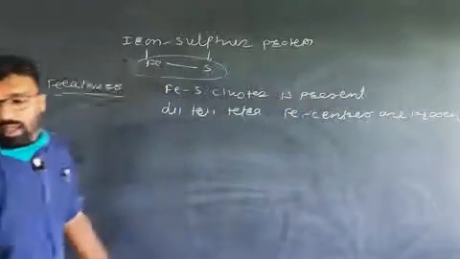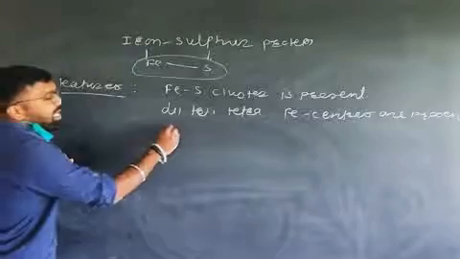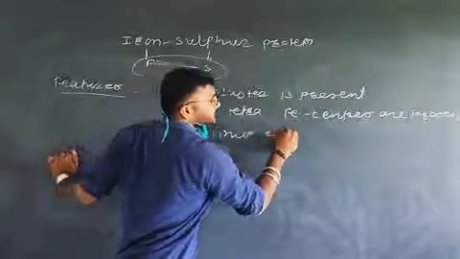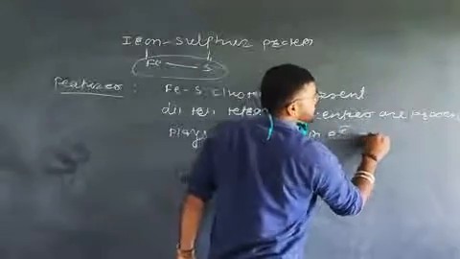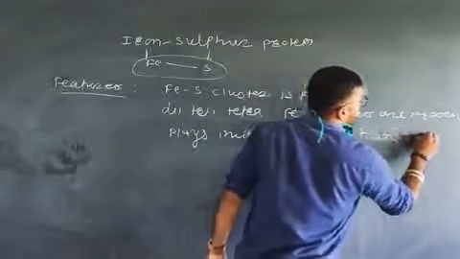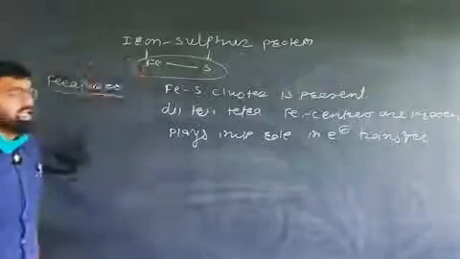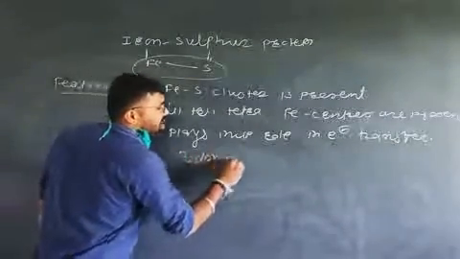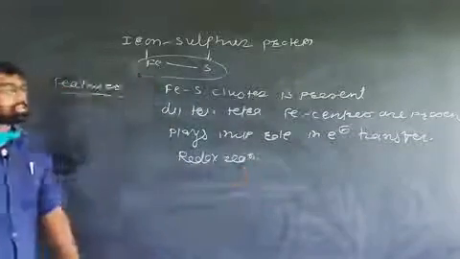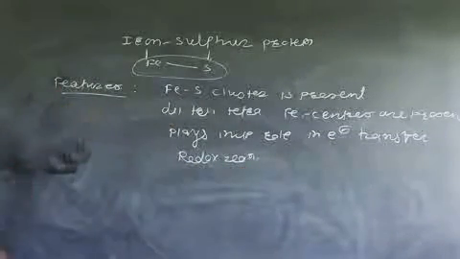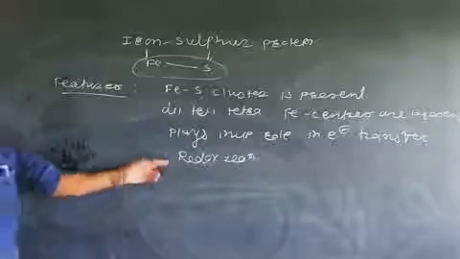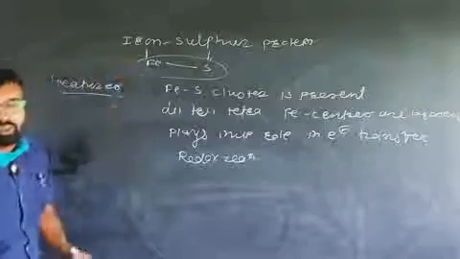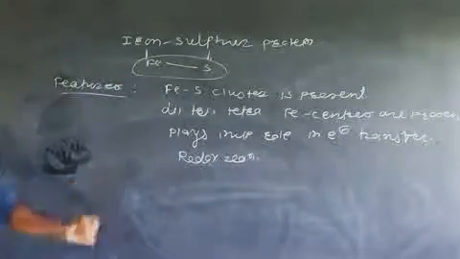Then it plays an important role in the electron transfer process, or you can say in redox reactions. Obviously some redox reactions are taking place inside the body, and for that electron transfer FeS proteins are used, and the electron is transferred by ferrous.